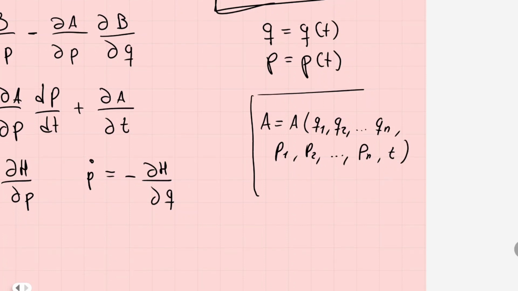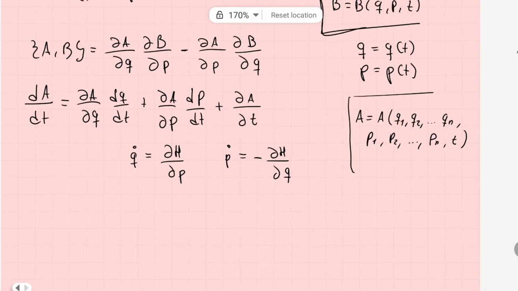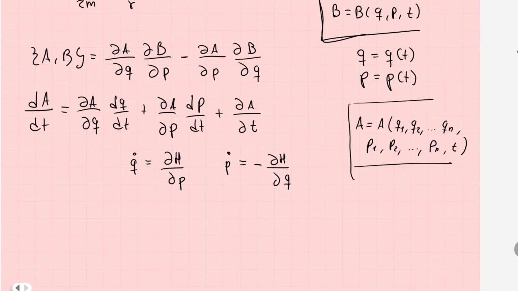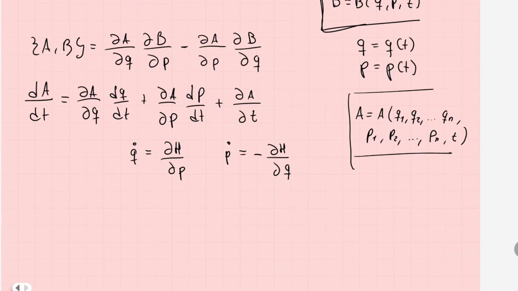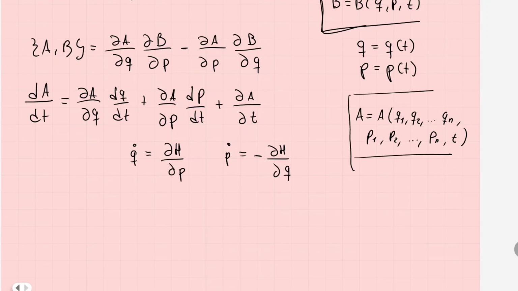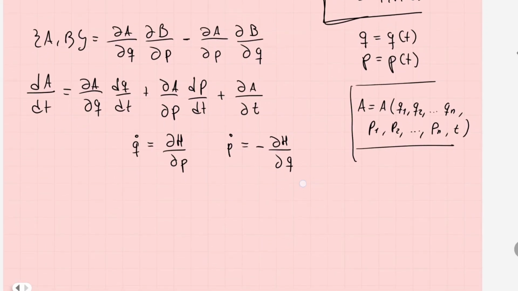We are going to have n q's and n p's. In that general case, we will have a sum from 1 to n for q and for p. But in this case, we are just taking one variable q and one variable p.